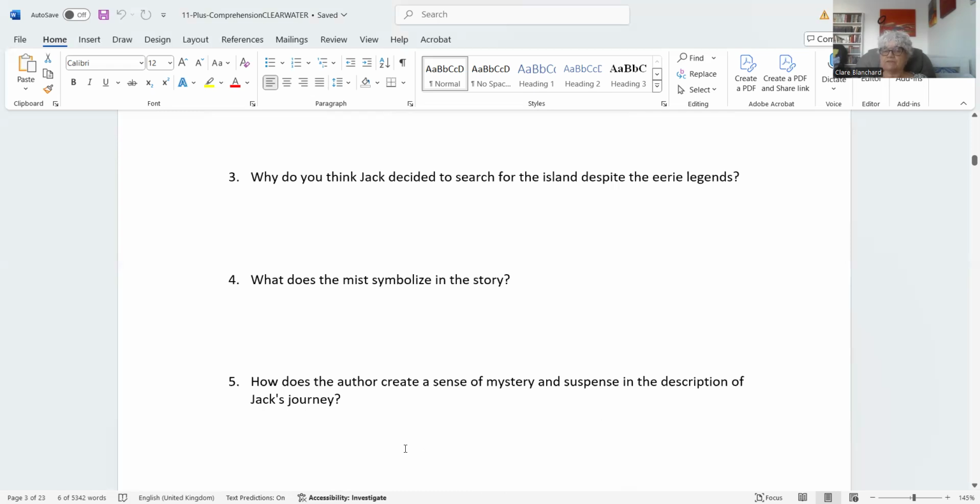That's what we're looking for, the potential for higher order thinking. It's not just about finding information. It's about understanding and inferring what that information means. And it's also about understanding why a writer has made particular choices in the way that they've written something.